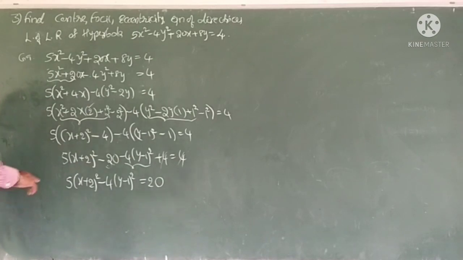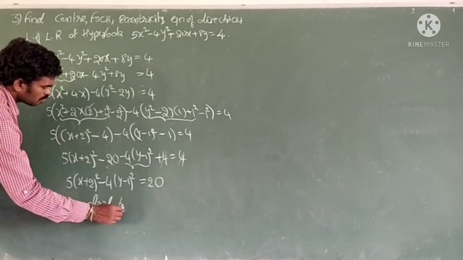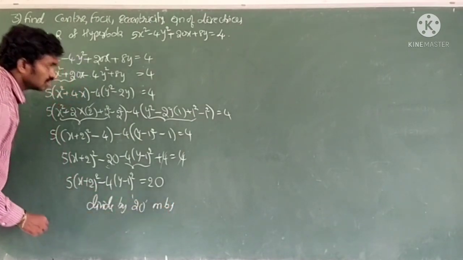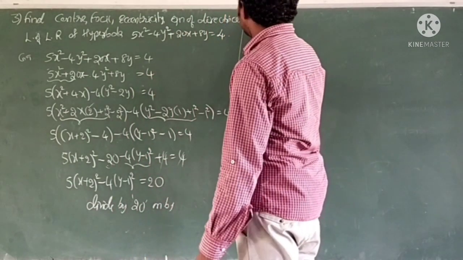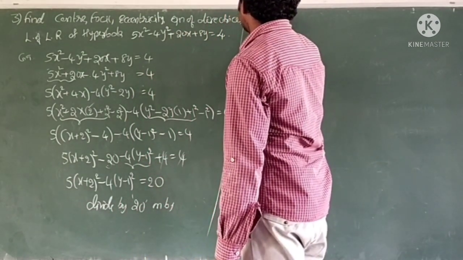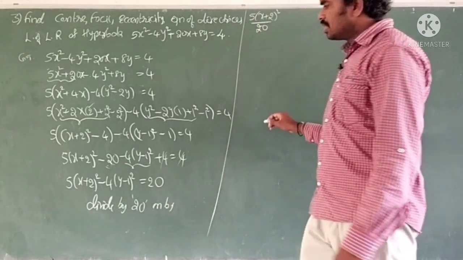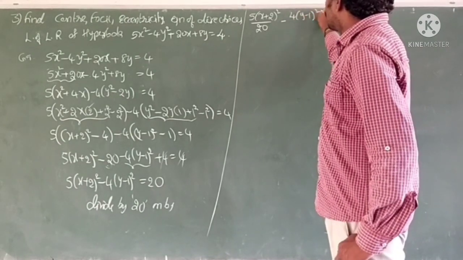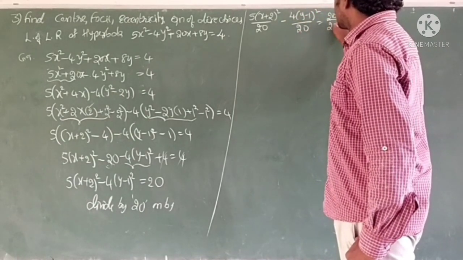So for that, divide by 20 on both sides. By dividing by 20 on both sides, we get 5 into x plus 2 whole square by 20, next minus 4 into y minus 1 whole square by 20, is equal to 20 by 20.